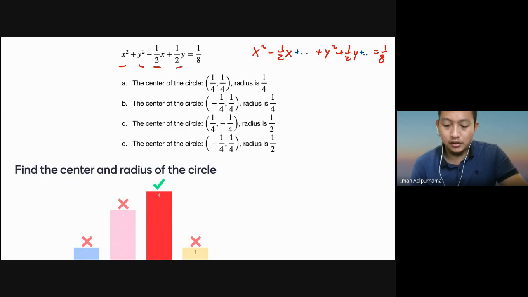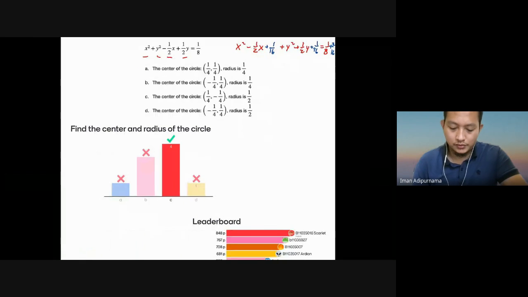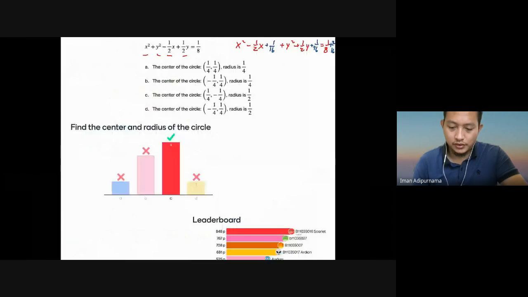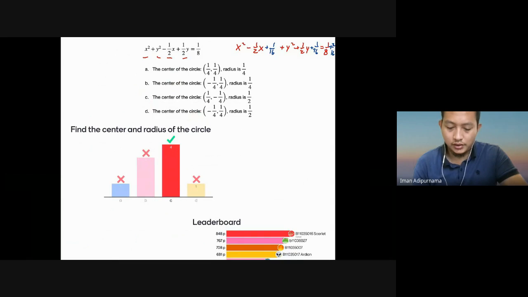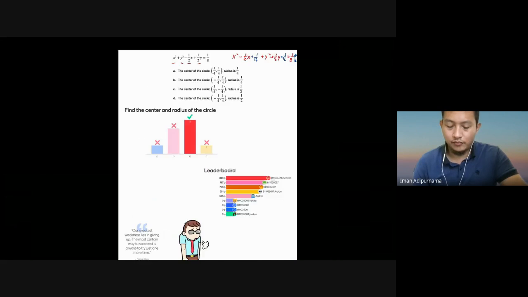This is 1 over 4, 1 over 16, 1 over 16, and you need to add 2 over 16. So that's it for the radius: the radius is half, and the center is 1 over 4, negative 1 over 4. Okay, here are the equations.